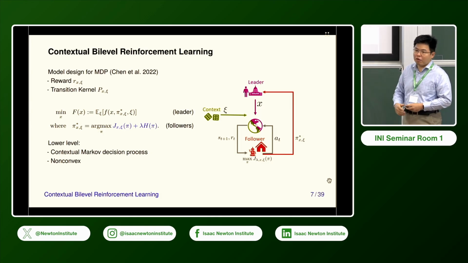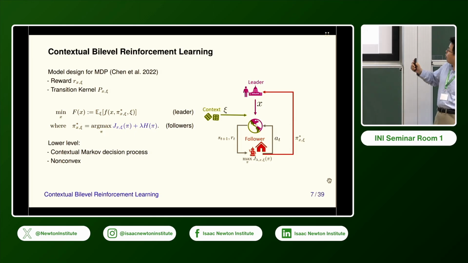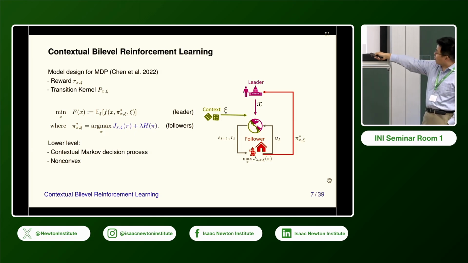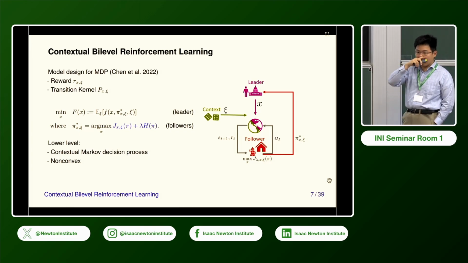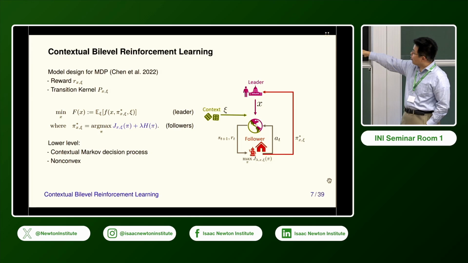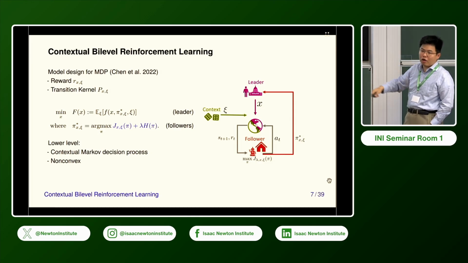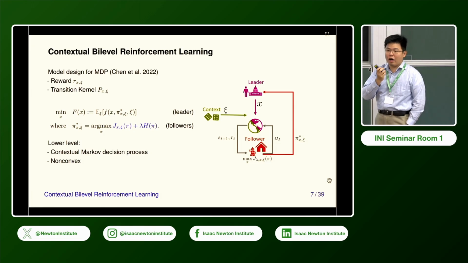There could also be multiple followers. So when you formulate these bilevel reinforcement learning problems, the designer designs the environment, and takes the optimal policy of the agent that learns the environment into consideration in its objective. The follower, given this environment, tries to solve an entropy regularized MDP problem.